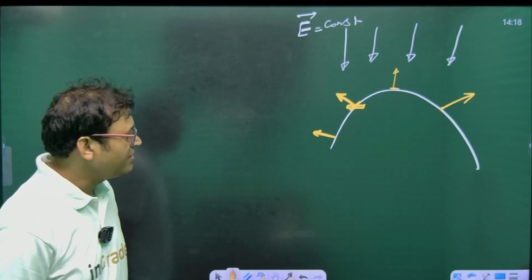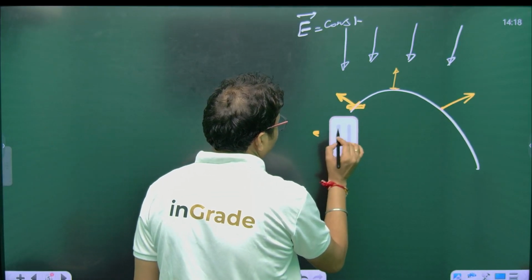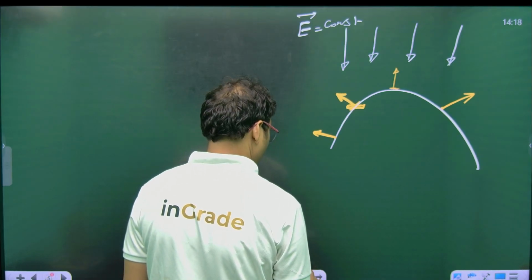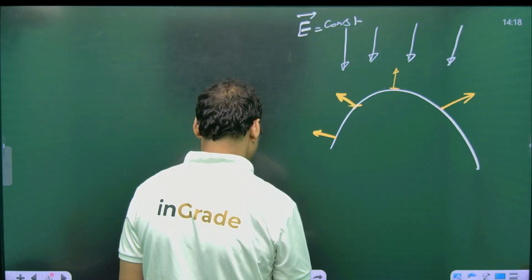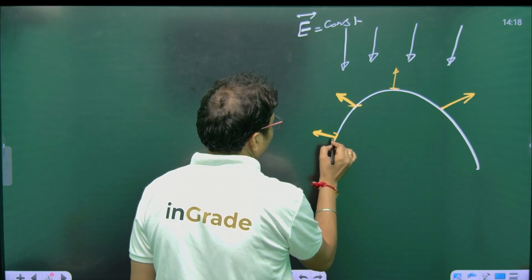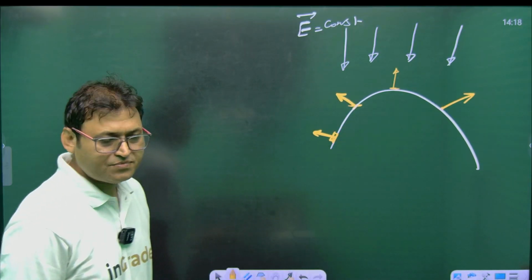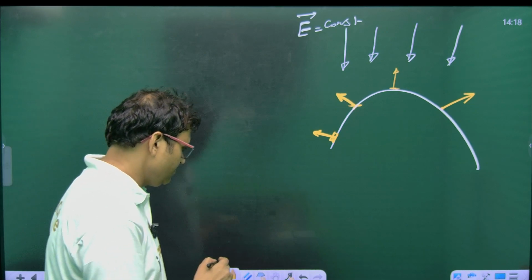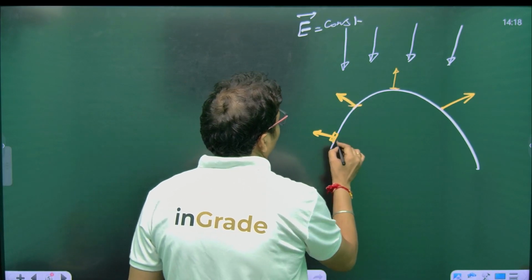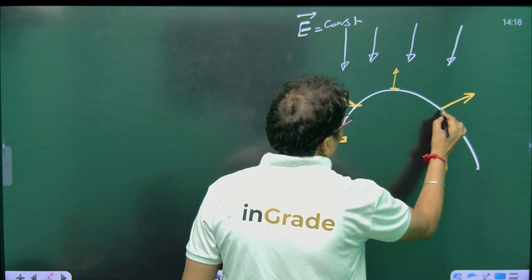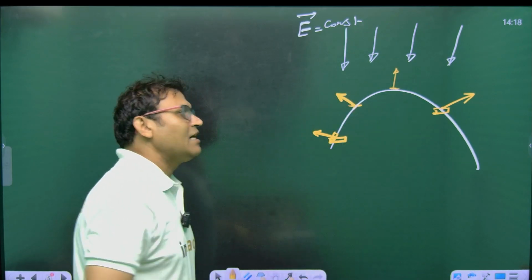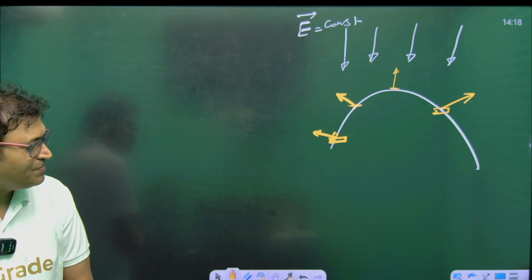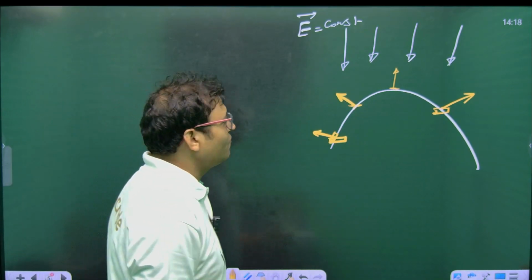dA cos theta will be this. So if we take the component of dA in the direction of the electric field and multiply them, we will get the total flux.